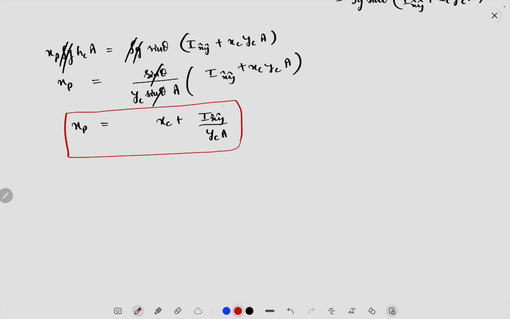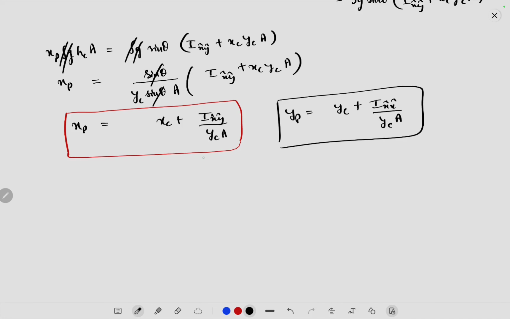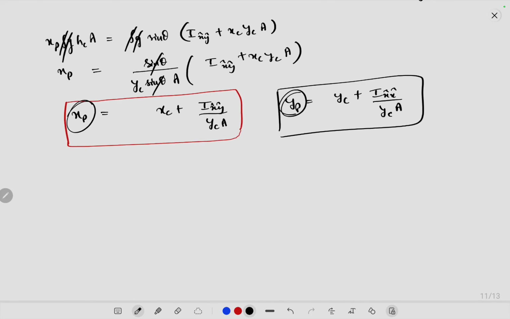So we'll have the knowledge of the moment of inertia, the product moment of inertia, and the centroid xc and yc, and we'll calculate xp and similarly yp. What was yp? yp was yc plus Ixx upon yc times a. So these are the two center of pressure coordinates xp and yp.